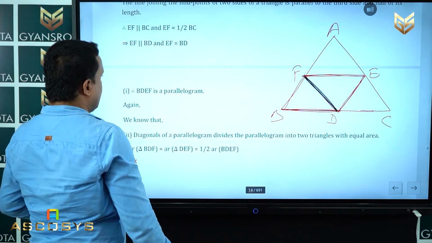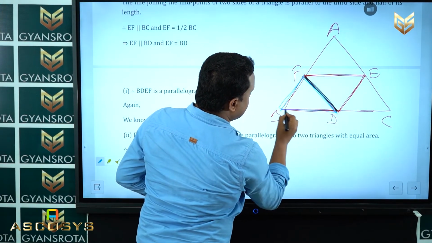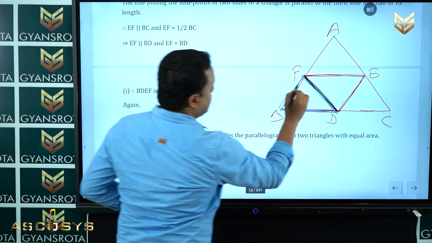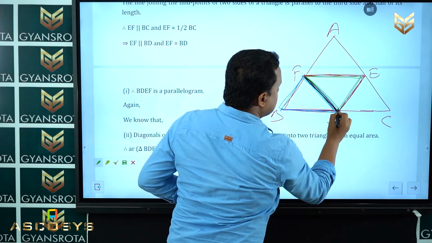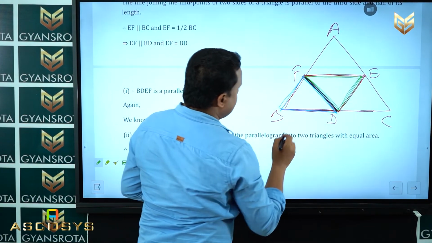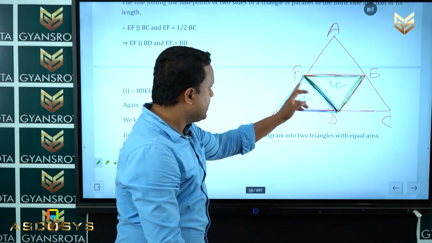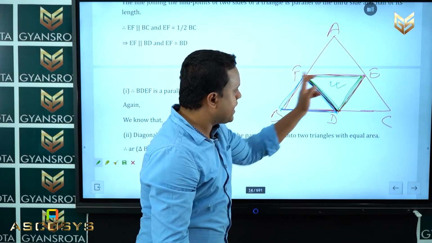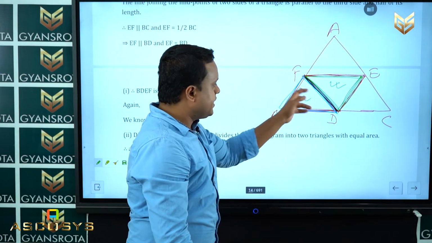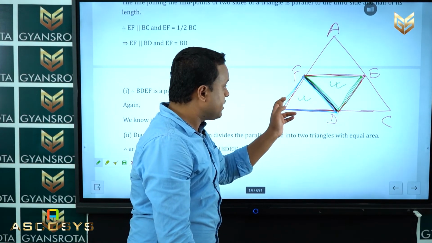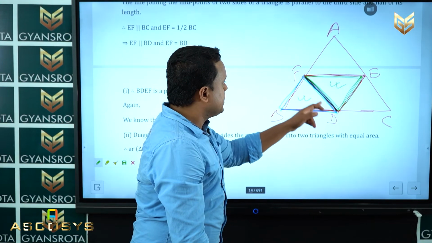The area of triangle BDF is equal to the area of triangle DEF. So, in the parallelogram BDEF, since DF is the diagonal, it divides the parallelogram into two triangles of equal area, that is BDF and DEF.